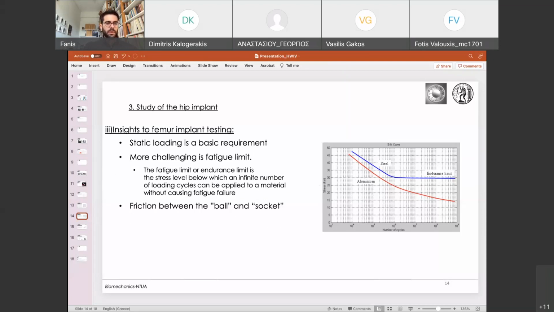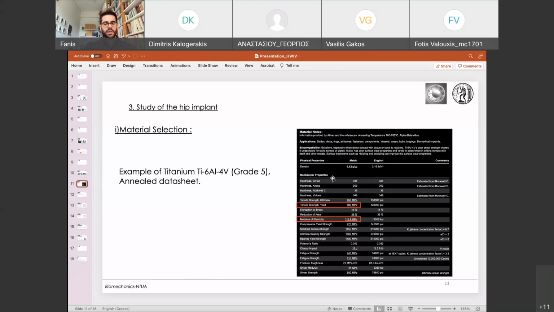And looking back to the dataset of this alloy, you can see, for example, that although the tensile strength is a pretty big number and we might feel reassured for static loading, if you go below to the fatigue strength, you might figure out that it is a lot lower than the yield.